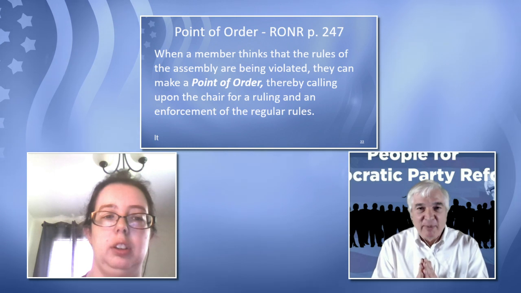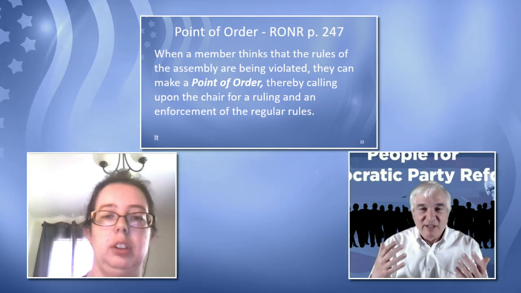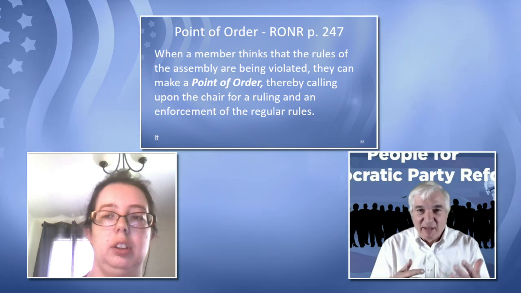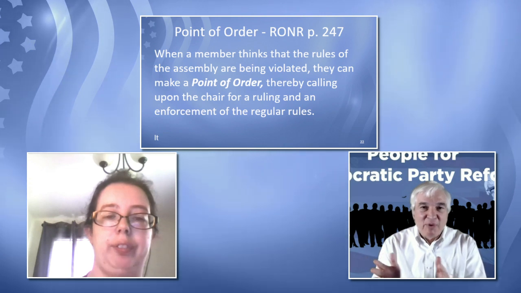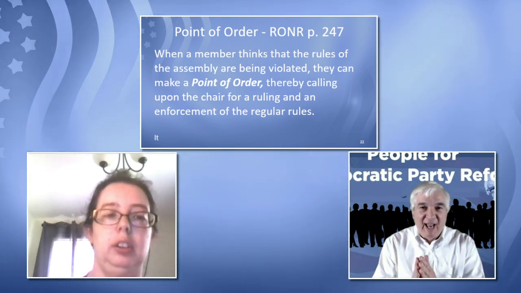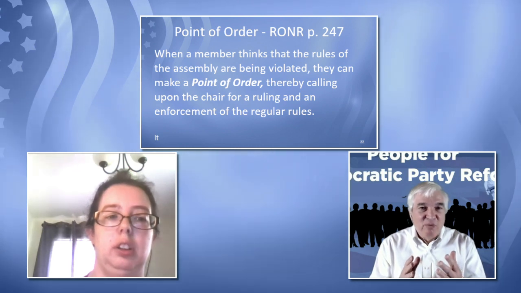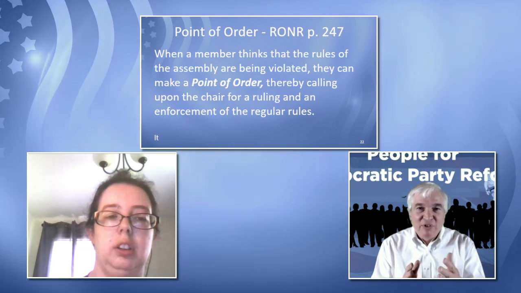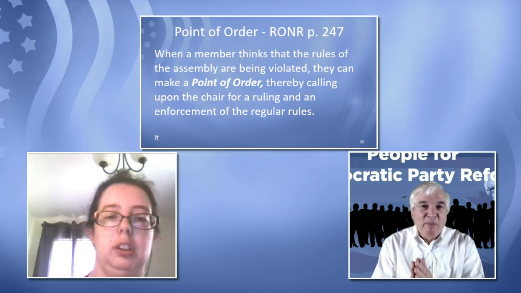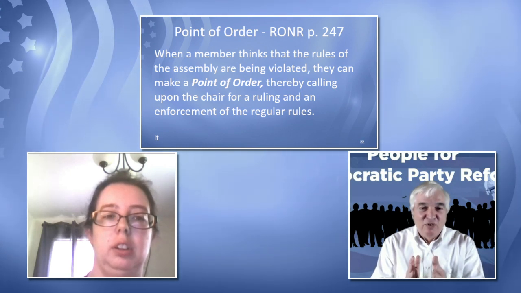And this is critical, because if you don't raise a point of order, that means that whatever is being done is going to be the prevailing process for the rest of the meeting, and you might end up with results that were not intended. Democracy is a participatory sport, and sometimes you have to put on the big boy pants or the big girl pants and go up to the mic and do a point of order.